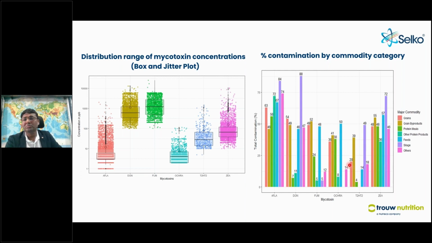T2 also has a lesser percentage than aflatoxin and DON particularly. And ZEA can be high, because most of the time DON and ZEA come together, so you can see a high percentage of contamination in terms of ZEA.